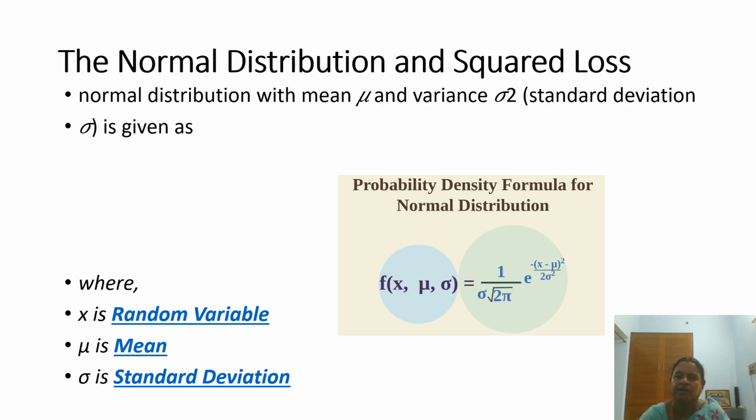Here in deep learning as well as machine learning, normal distributions and squared losses are used to minimize the error function.